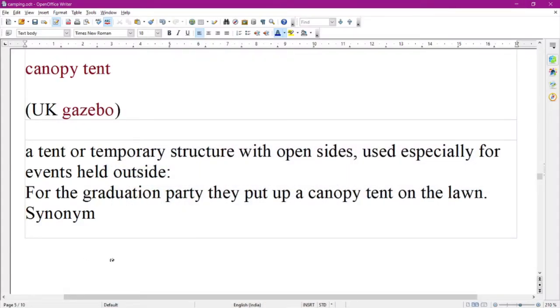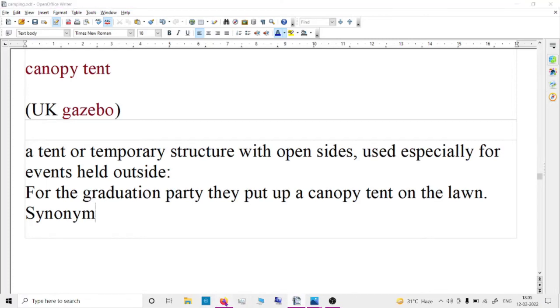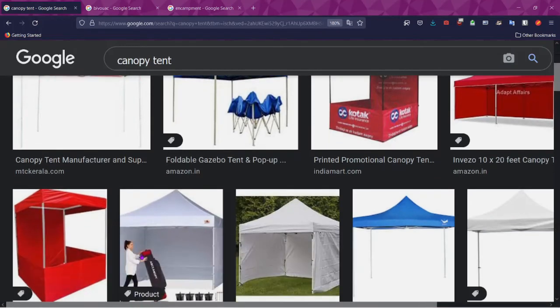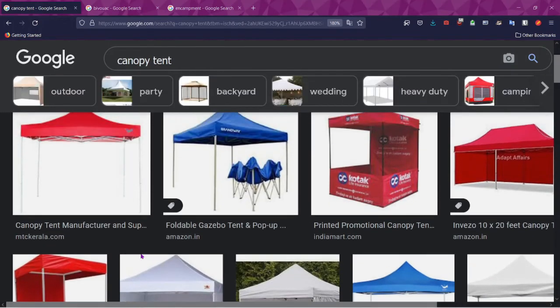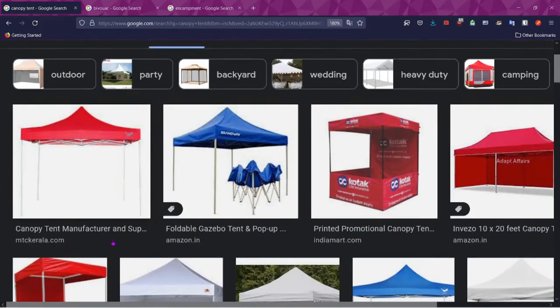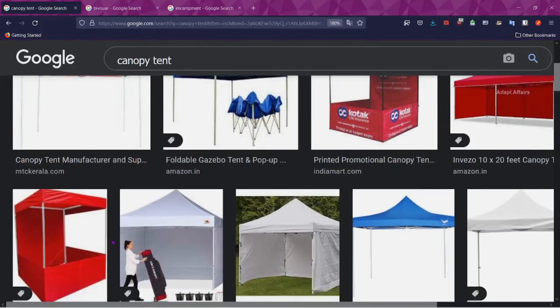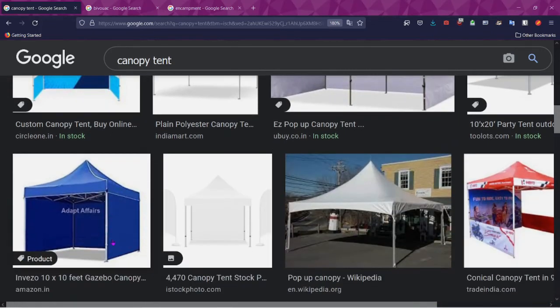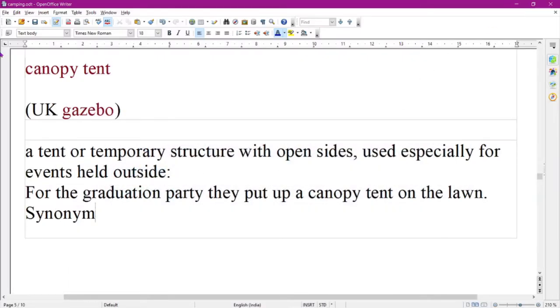Next is canopy tent. There is a difference for canopy tent too. See, it's not closed on all sides, so that is the difference. Basically it's not a tent. The top portion is there, and apart from that, it stays on poles.